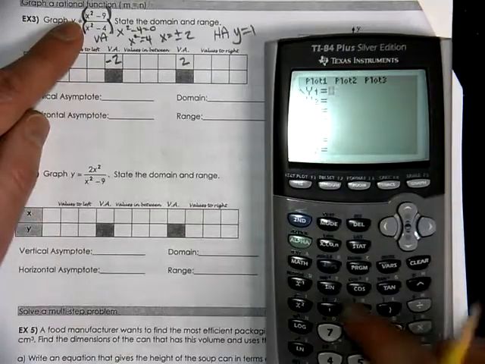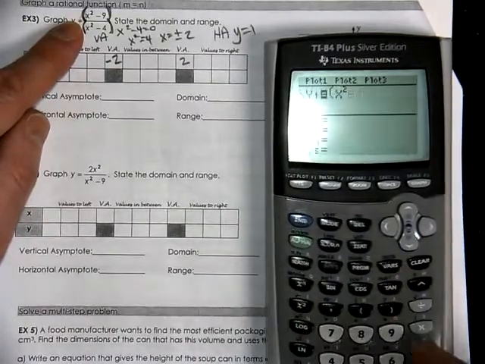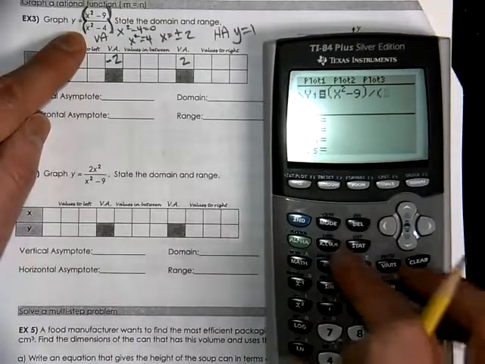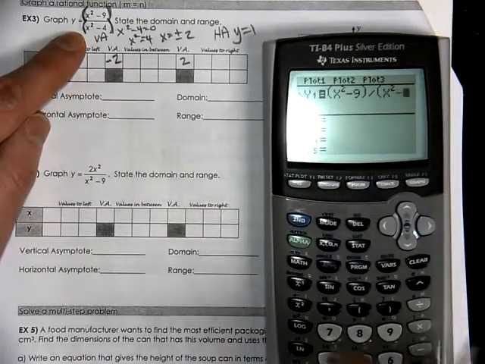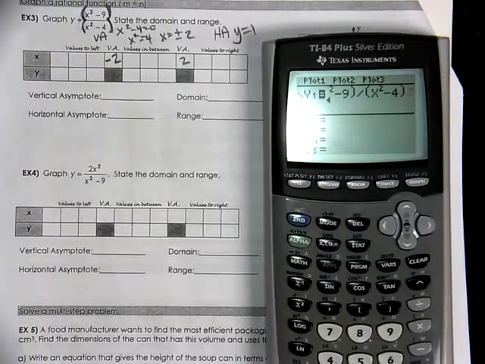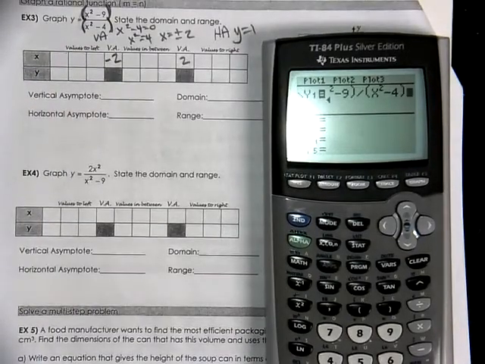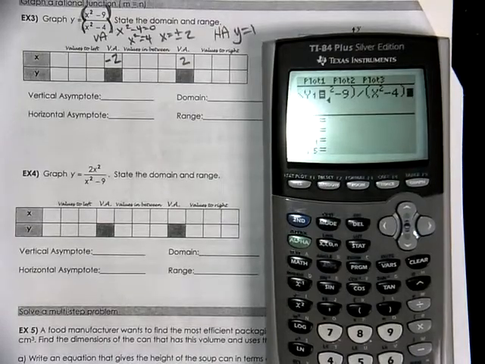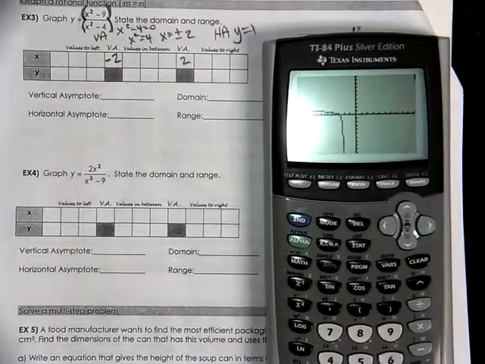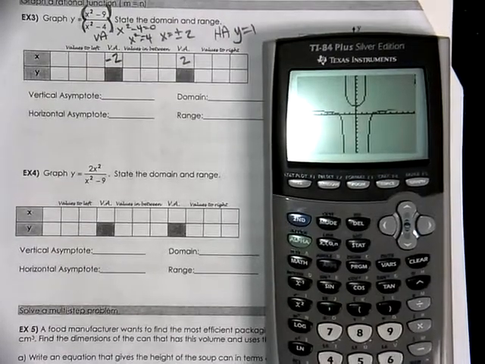It won't work out. x squared minus 9 divided by x squared minus 4. So when we graph that out, you can see the creative graph that is produced.